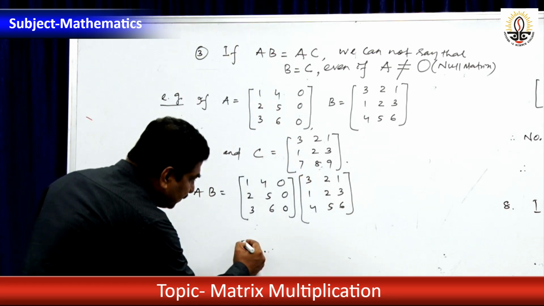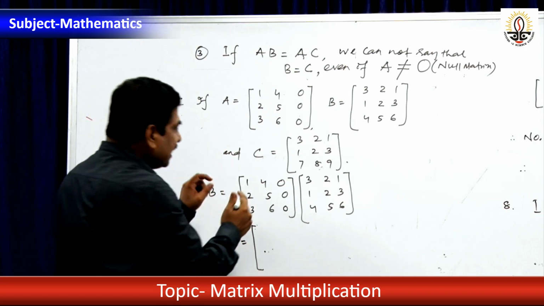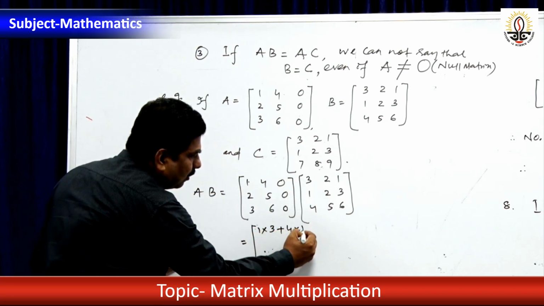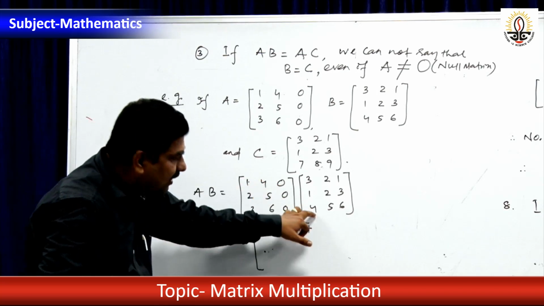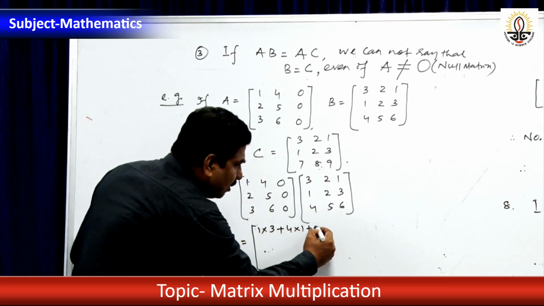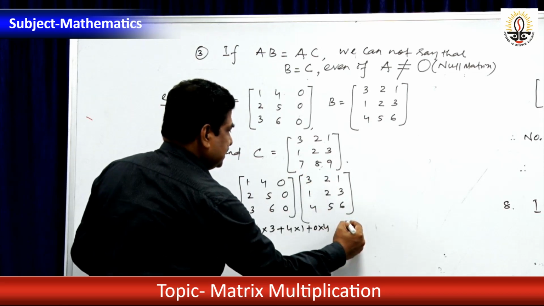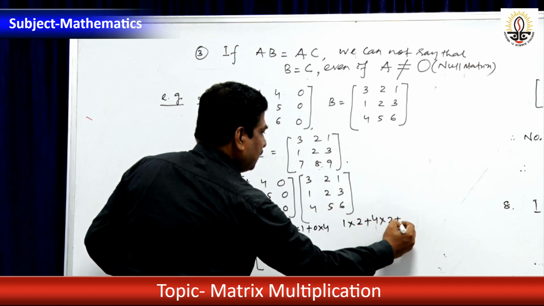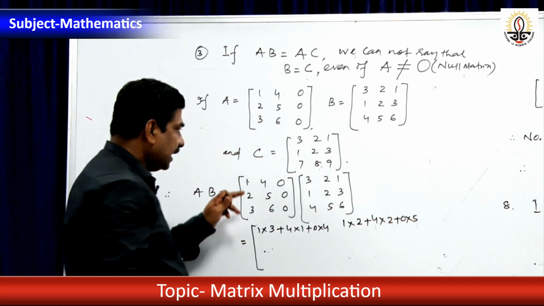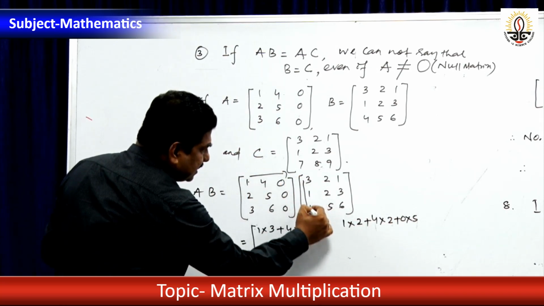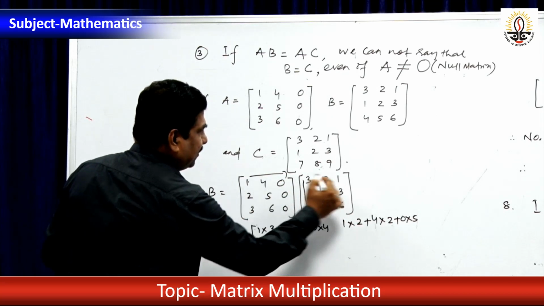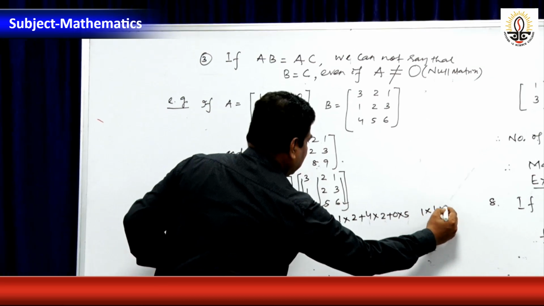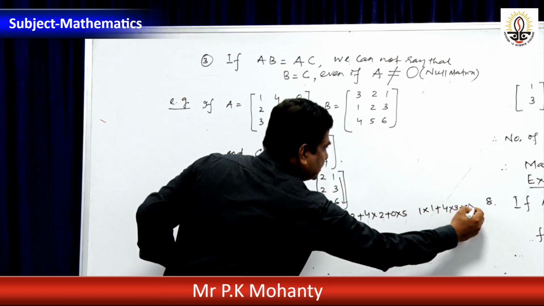Here you see, what will be the value? Directly you can write this as 1 into 3 plus 4 into 1 plus 0 into 4. Again the second case, 1 into 2 plus 4 into 2 plus 0 into 5, dear. Again first row with second column, first row with third column, that means 1 into 1 plus 4 into 3, 0 into 6.